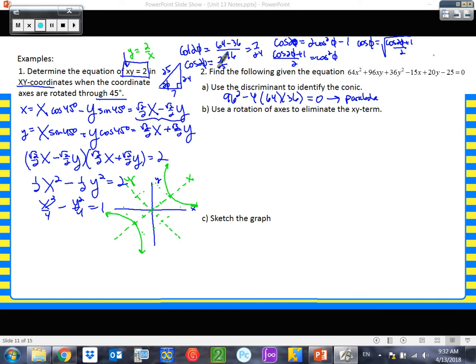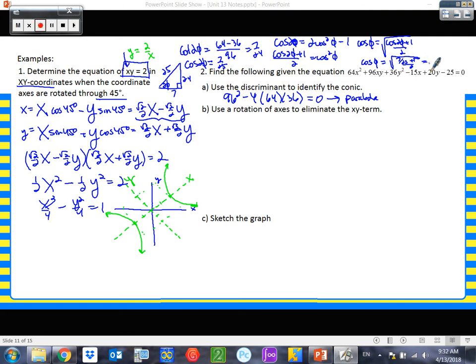I know what cosine 2 phi is. It's 7/25. So cosine phi is going to be the square root of 7/25 plus 1 over 2. Now, I would add those, 7/25 plus 1, divide by 2, use arithmetic, and that's going to turn into the square root of 16/25.